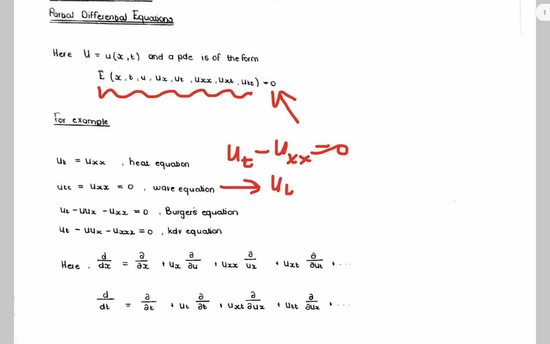Let's write that subscript better. u_tt minus u_xx equals 0. That's your standard wave equation. You've got Burgers' equation, which models shock waves, and then your third order KdV, Korteweg-de Vries equation, which models shallow water phenomena.